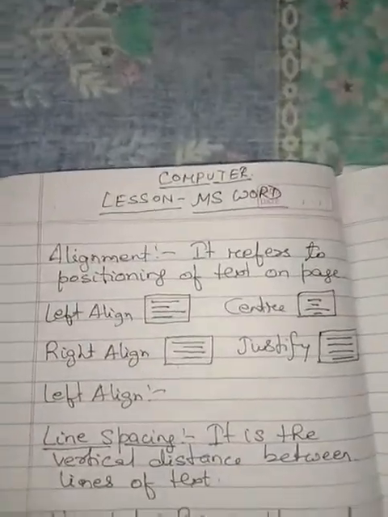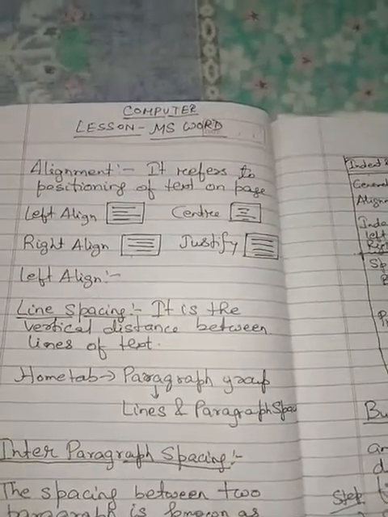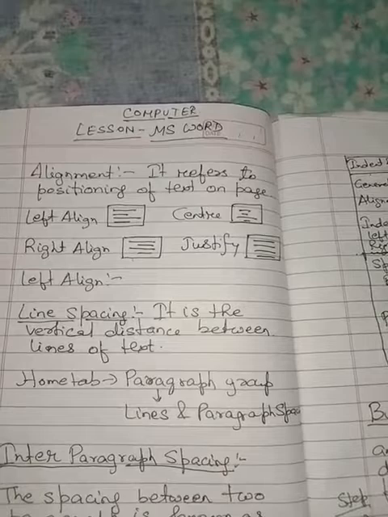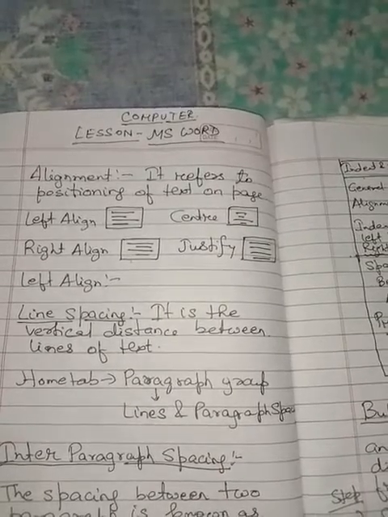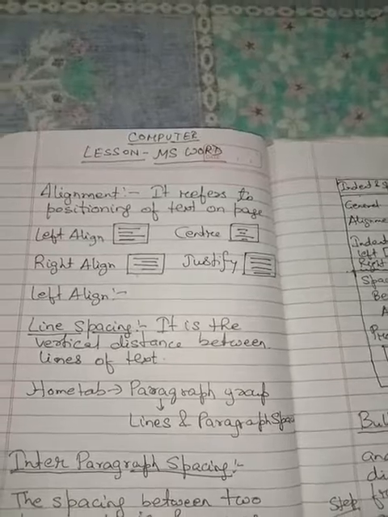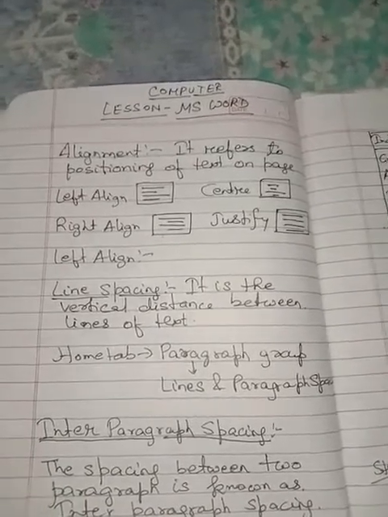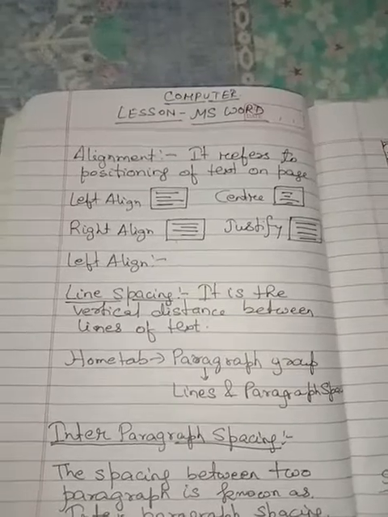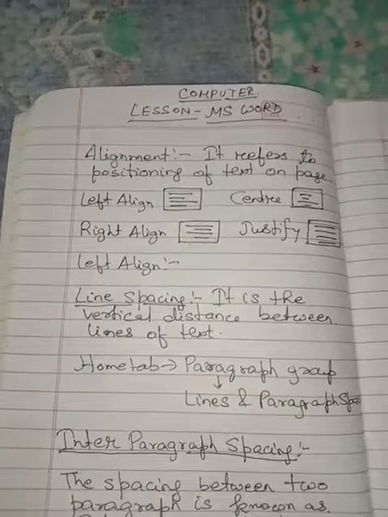So till now in this video what we have discussed: we began with alignment. What is alignment? What are the 4 different types of alignment? What is left align? What is right align? What is center? What is justify? How can we apply the left alignment, the right alignment, the center and justify?